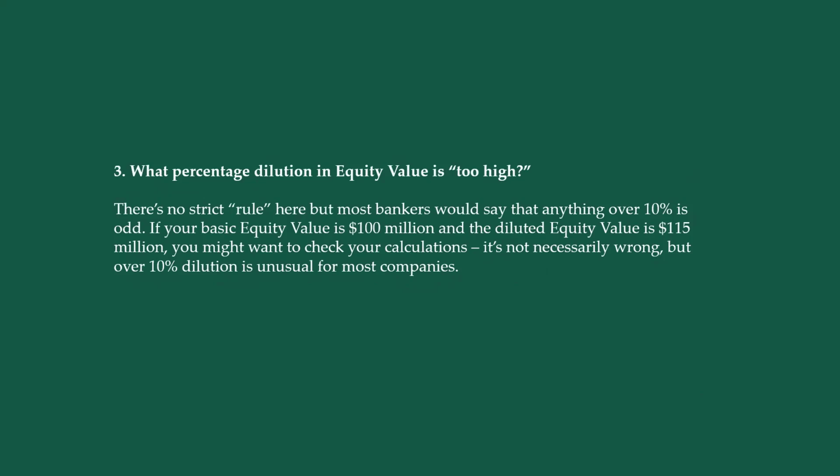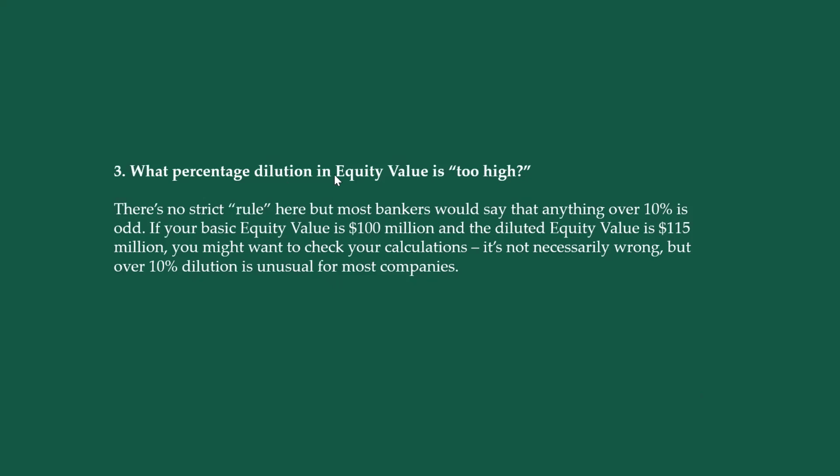Equity value is the value of the company's shareholders' equity, the total value of all shares. The diluted equity value accounts for potential future shares that could be issued, such as stock options granted to employees, convertible debt, warrants, and other instruments that could convert into shares.